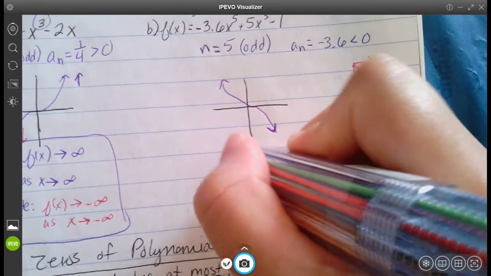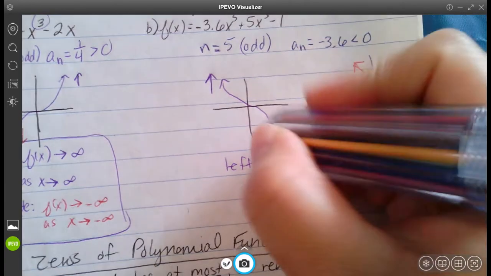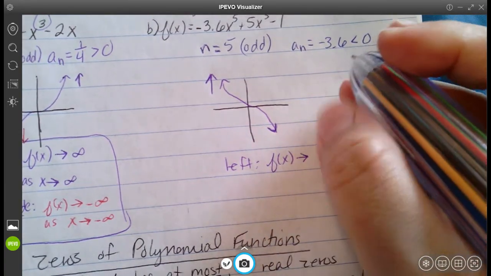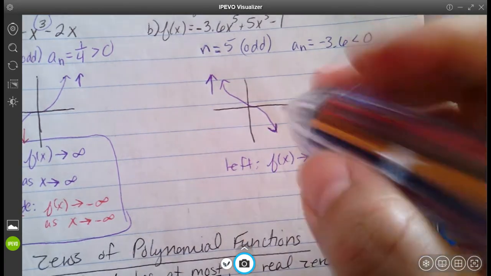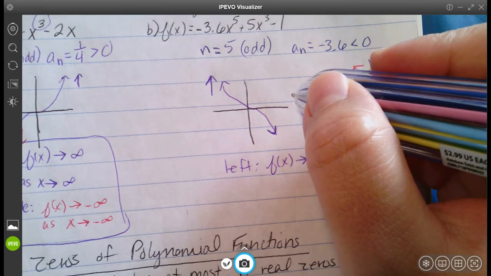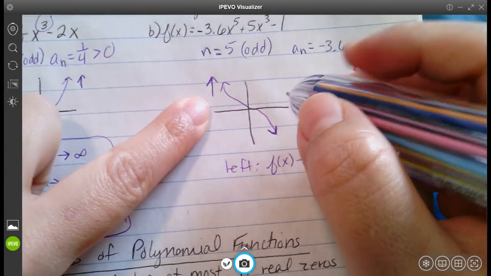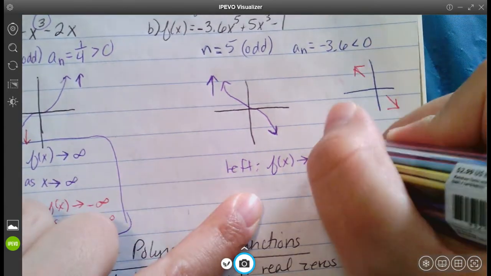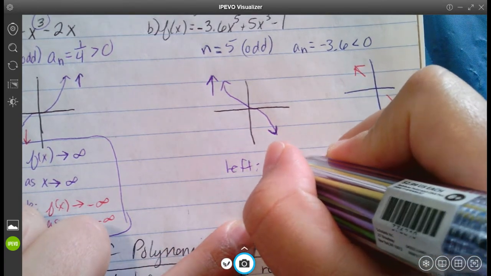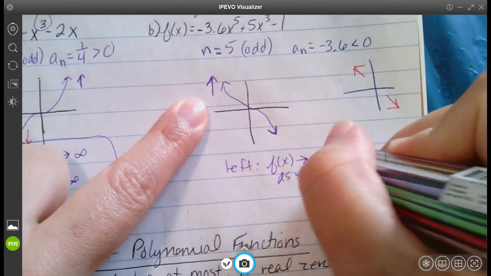So for my left side, which is this one, it looks like it's going up. So I'm going to say f of x is going to, oh, I'm sorry, that's not my left side, is it? Let's correct that. Oh, I think I messed up here, didn't I? We'll go back and fix that one right now. So my left side is going up, so f of x goes to infinity as x is approaching negative infinity.